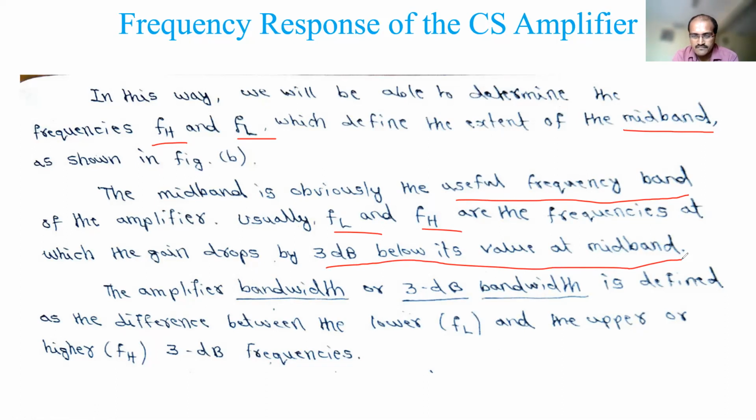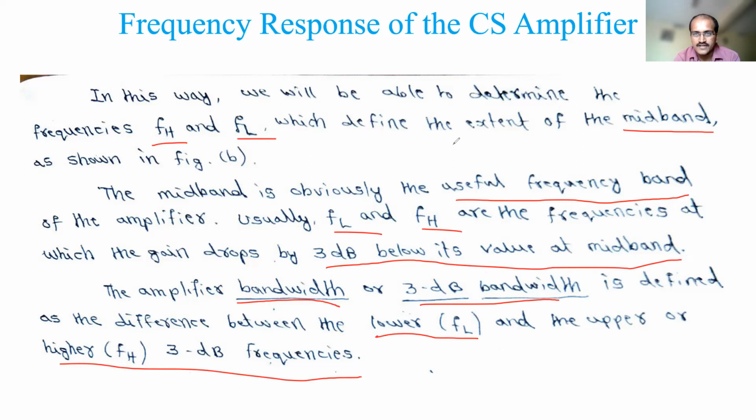Their difference we normally call the bandwidth of the amplifier. The amplifier bandwidth or 3 dB bandwidth is defined as the difference between the lower and upper 3 dB frequencies.